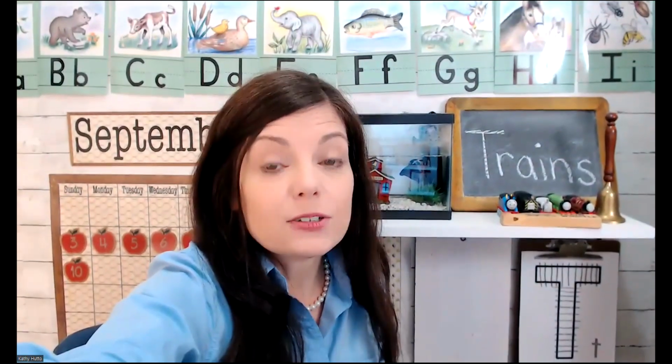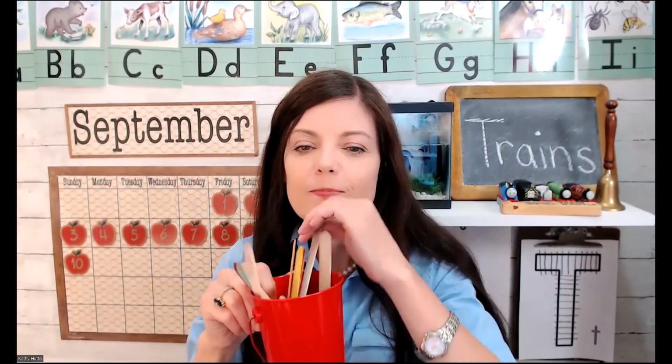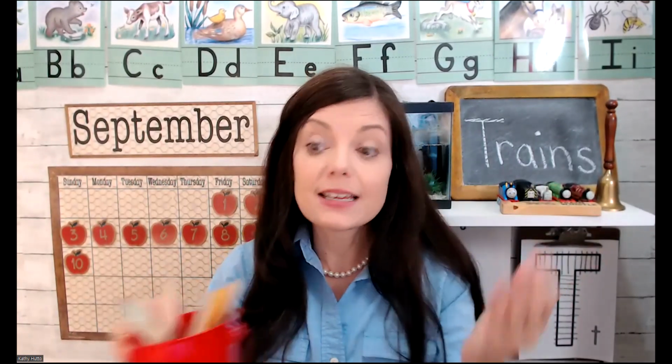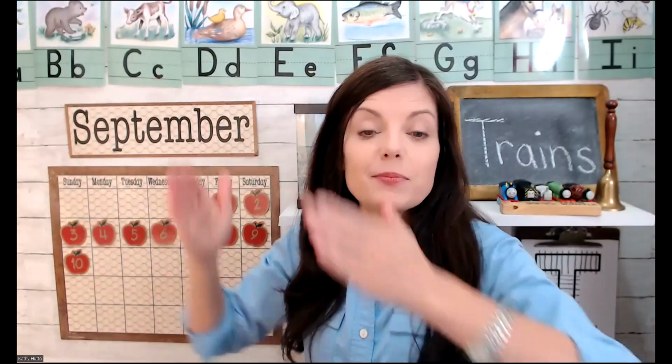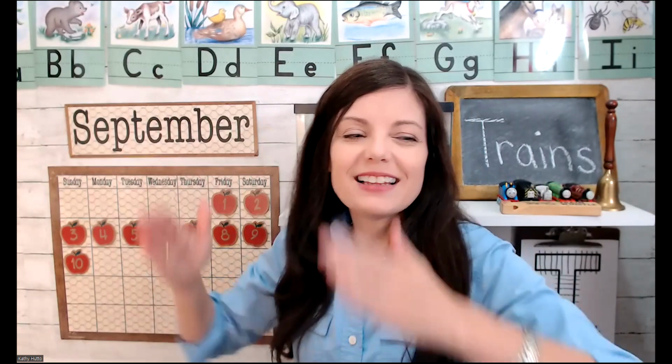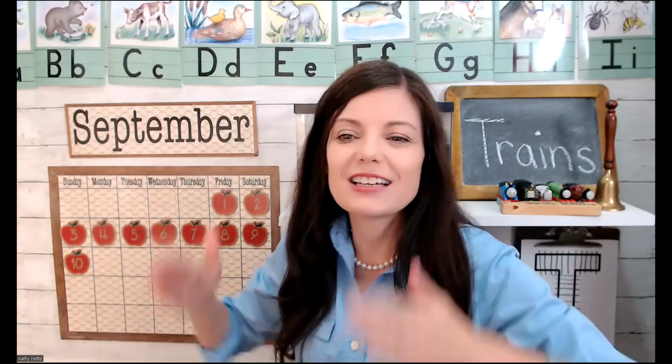The month is still September, but let's reach into our can and see how we're going to count the numbers. It says chug like a train, so let's take our arms like this and move them round and round like we're a train. Chug, chug, chug, chug. You ready to count?